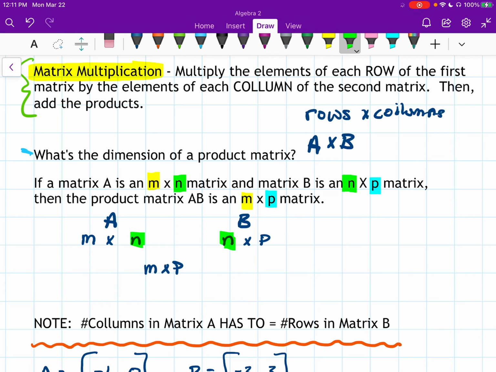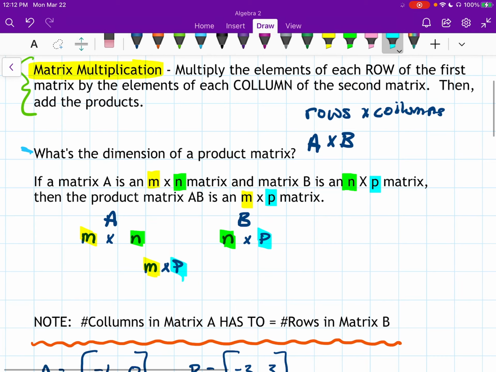You cannot always multiply two matrices. The result, you take the M, and then you have P being the ending. It's an M by P. The note, as I just said, the number of columns in matrix A has to equal the number of rows in matrix B. That was the N in our example there.